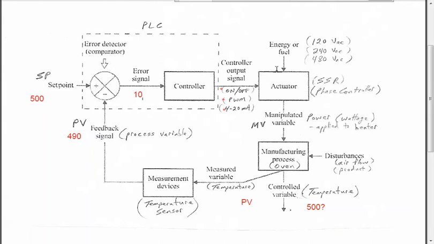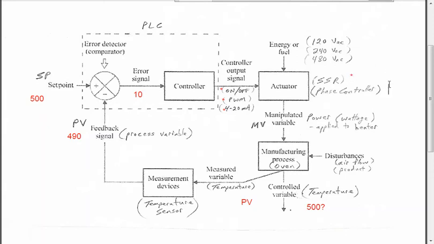The controller will have a sense of whether things need to increase or decrease. So how does it do that? Well, the thing it's going to control is an actuator. Now, what that could be in our oven example, could be a solid state relay here.